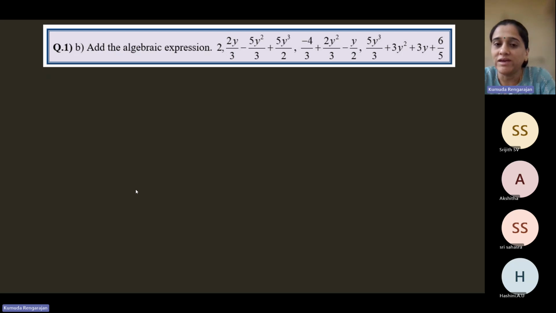Look at the letters in the terms: y square, y cubed, and then numbers, constants.